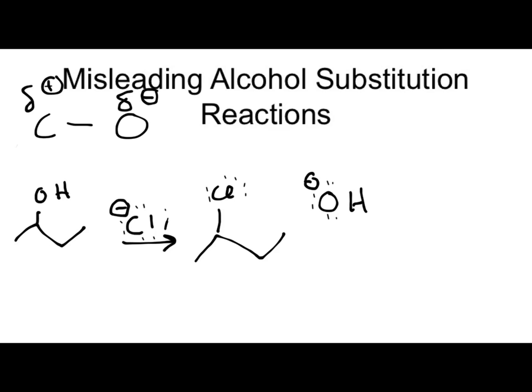Which means we've got that negative charge on an electronegative element, but we said size is really, really important. We've got that negative charge on a very small atom. How stable is that? Not very stable at all. And what ends up happening in this reaction? You get no reaction.